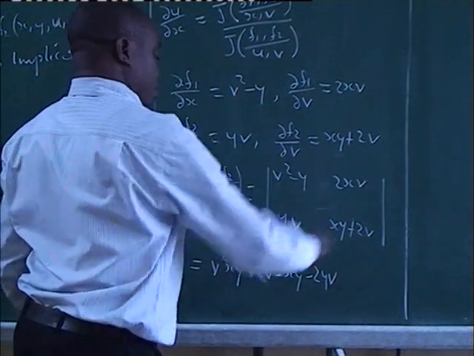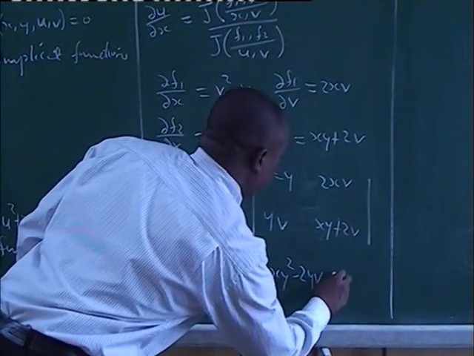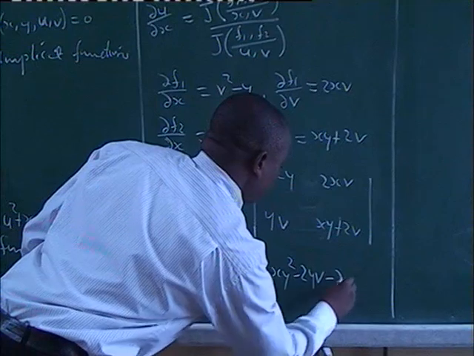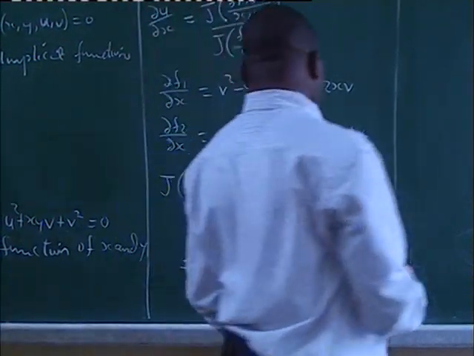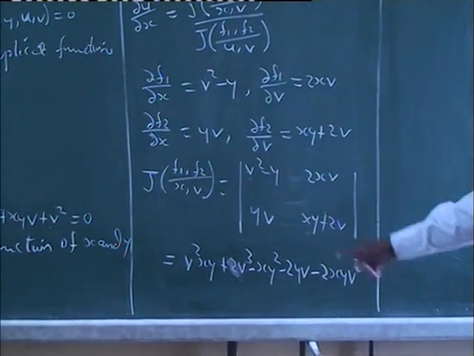If we go this way, we'll have minus 2xy v squared. So that is what we will have.